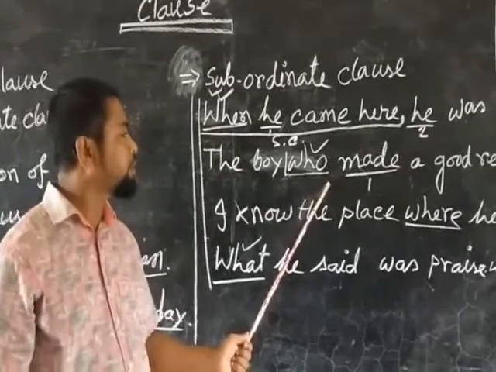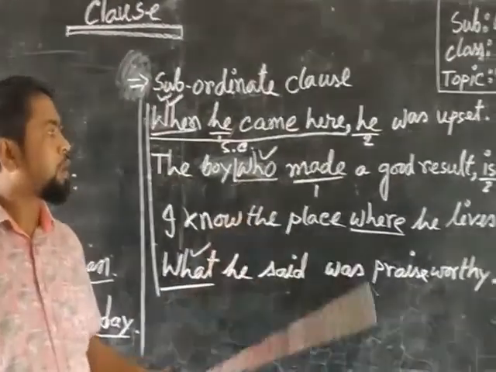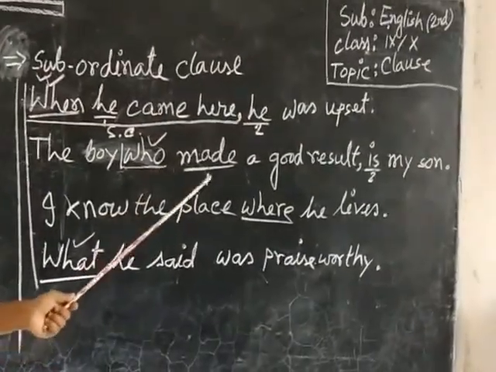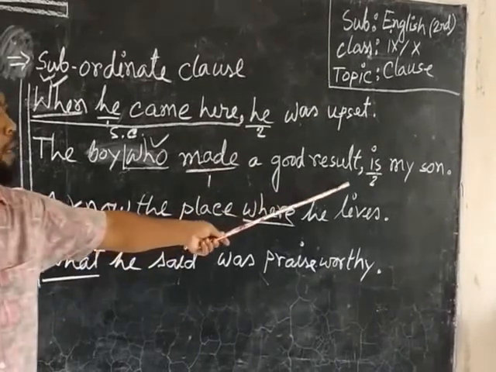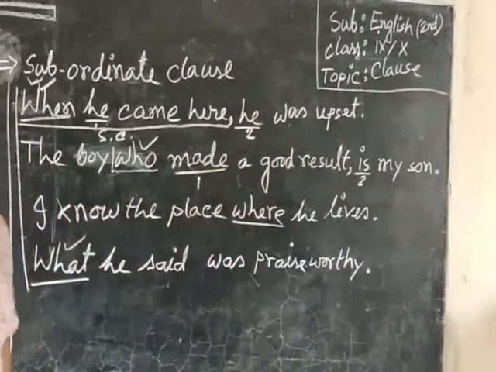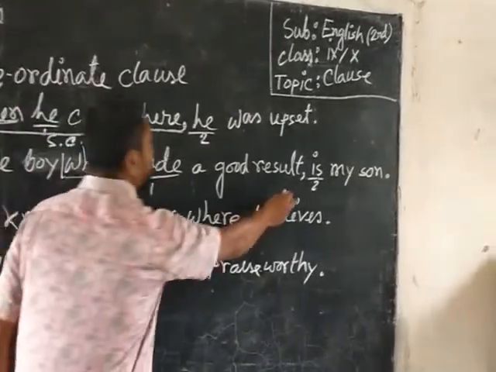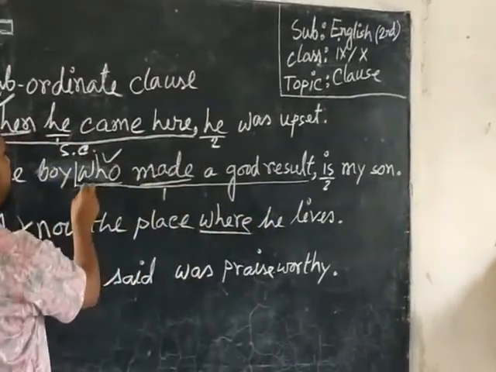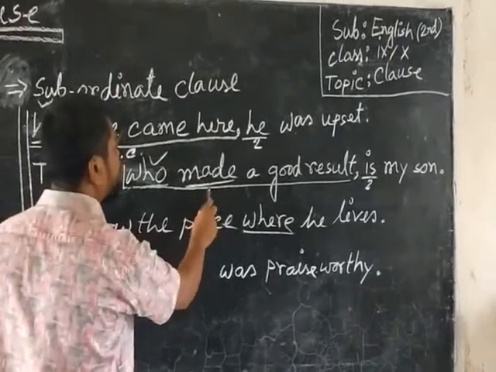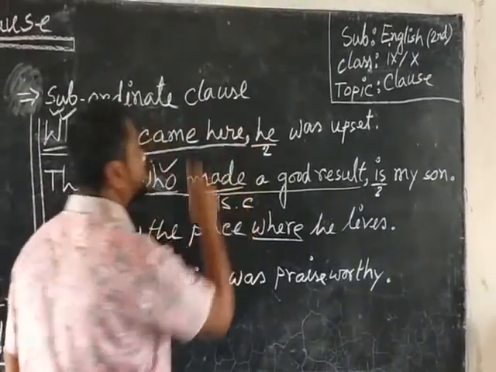In the sentence, from who, made and foremost is the subordinate clause.